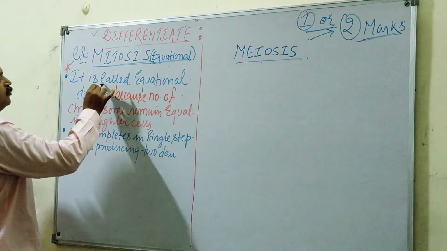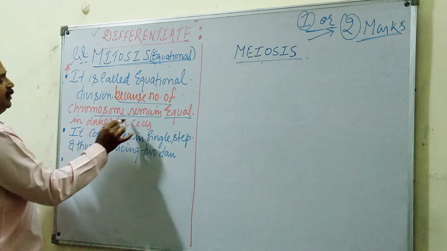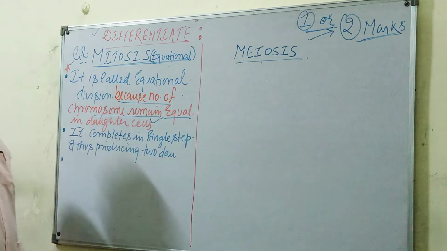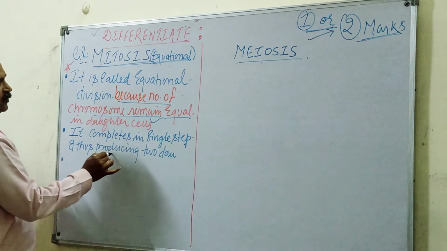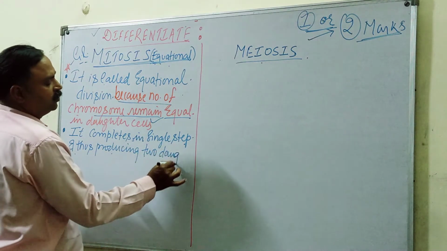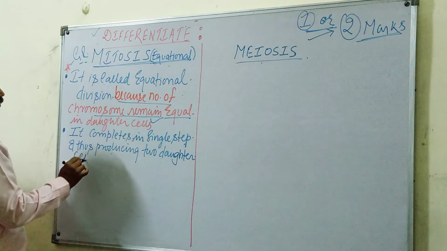Because the number of chromosomes remains equal or the same in the daughter cells. Second, it completes in a single step and thus produces 2 daughter cells.